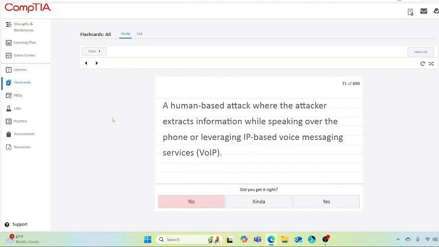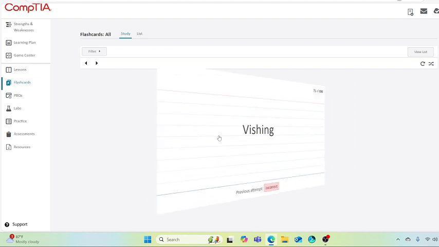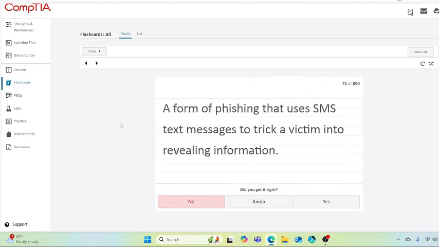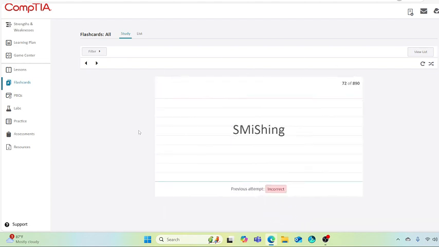A human-based attack where the attacker extracts information while speaking over the phone or leveraging IP-based voice messaging services. Smishing. A form of phishing that uses SMS text messages to trick a victim into revealing information.